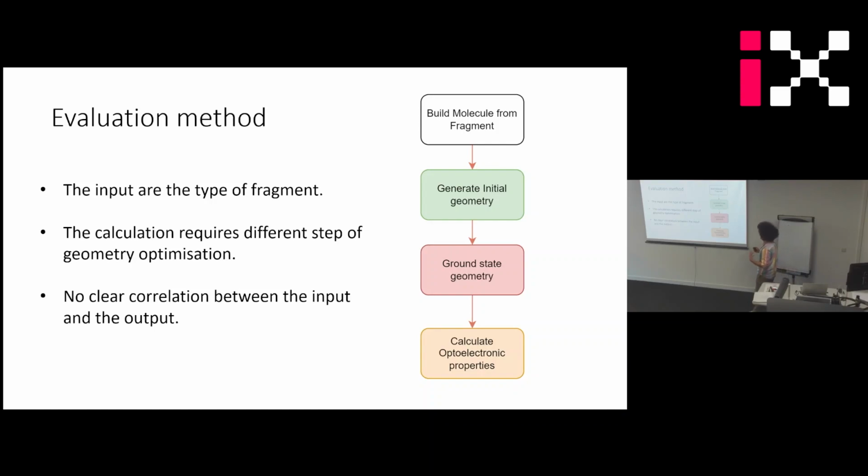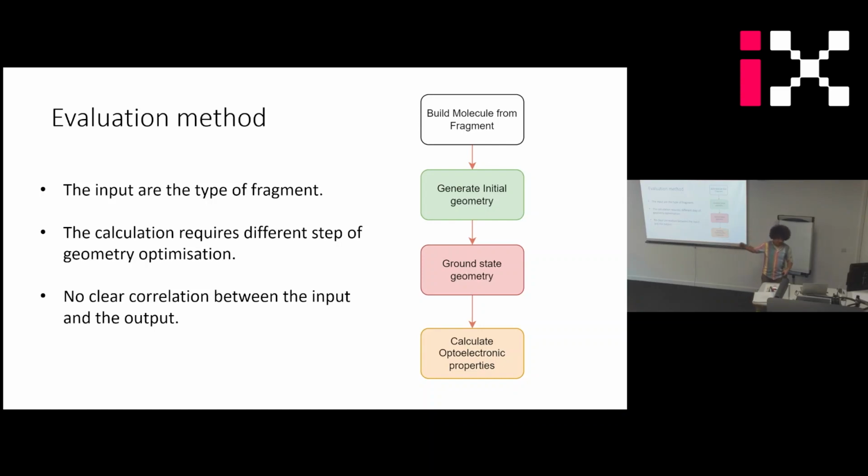You need to generate an initial geometry, and then find the right geometry that this molecule would have in nature, because the properties of the molecule are related to the geometry it actually takes in space. Solving the Schrödinger equation, you can only solve it with frozen atoms, but you need to find the right geometry that minimizes the energy. And then from that, you calculate your properties.